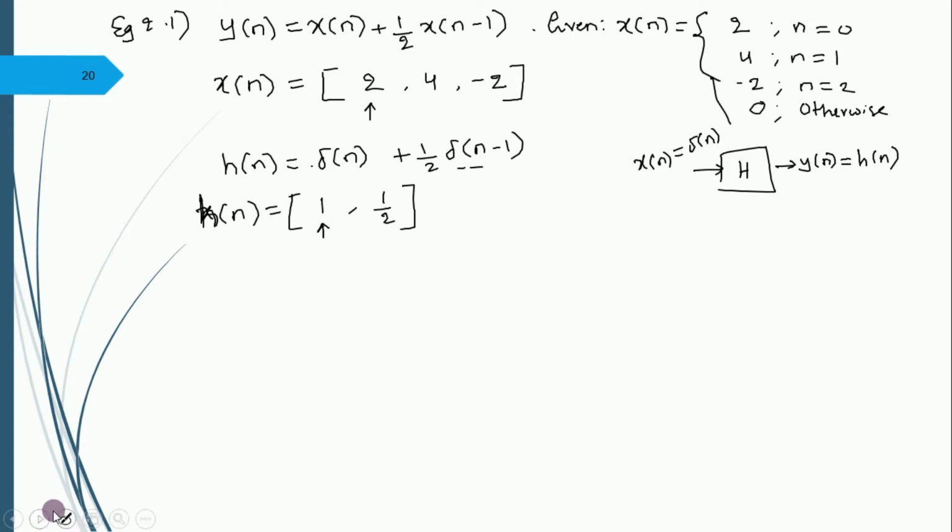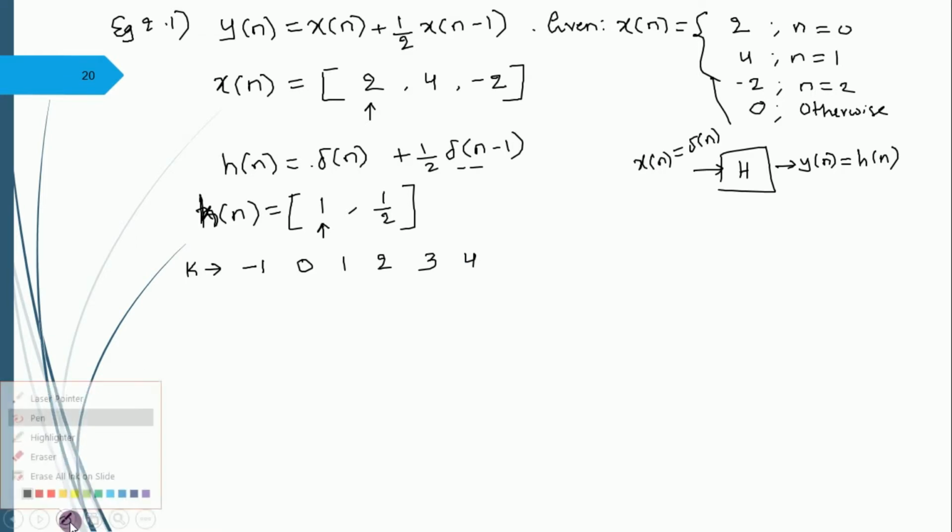Now I'll just write the table. This is h of n. If I fold it, where will it go? The maximum is minus 1. Then 0, 1, 2, 3, 4. You can stop. Okay.